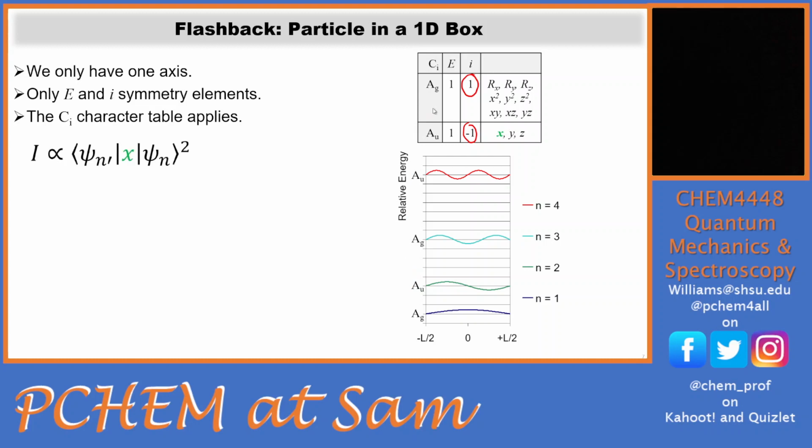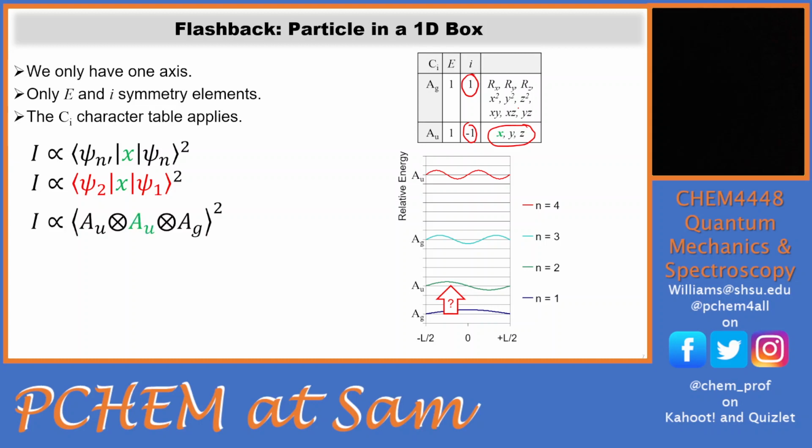And so then we have this symmetry set up. So this is the transition dipole moment integral, and problems 9 and 10 on the homework are asking about the symmetry setup. Okay, and so we're looking at direct absorption, say from Ag to Au, using X, Y, or Z light for direct absorption. So we come up here, this is going to be the middle piece of our symmetry setup. And so from wave function 1 to wave function 2, using X polarized light, we have this symmetry setup. And so that's what that problem's asking.